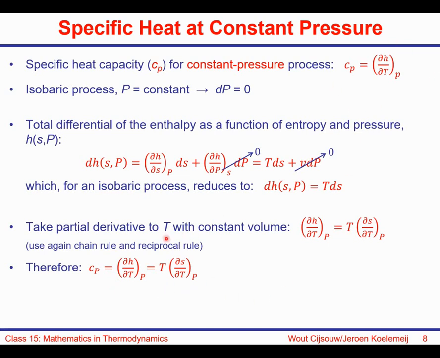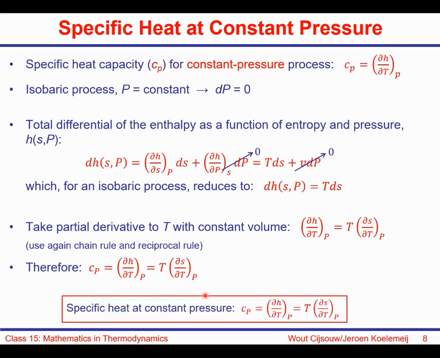And this here is a useful relationship with changes in entropy, the partial derivative ds dt. And this is almost the same expression that we saw on the previous slide for CV, that was equal to T times ds dt, but then for fixed volume, and in this case it's for fixed pressure. And so again, another interesting relation that we can use later on.